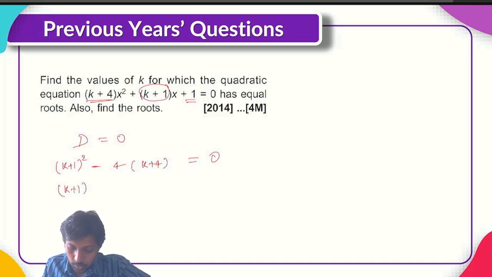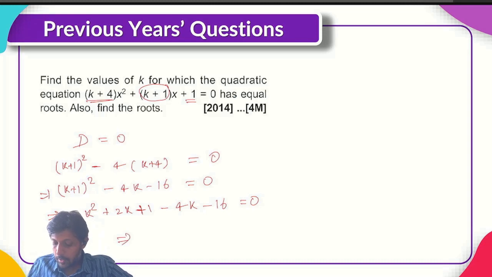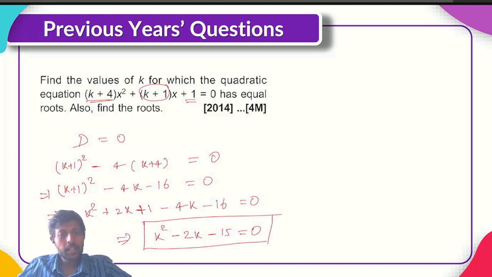K plus 1 whole square minus 4k minus 16 equal to 0. You can expand this. So this will give us k square minus 2k minus 15 equal to 0. Now you solve this and find out the value of k.